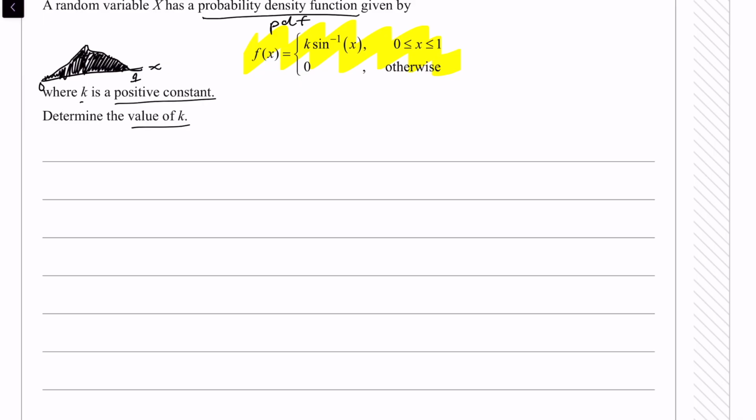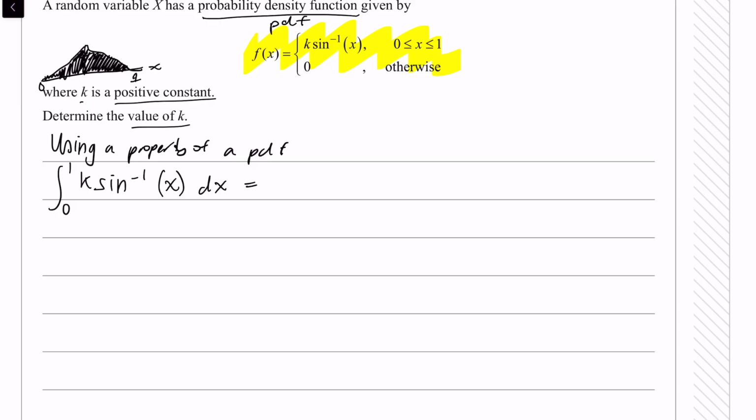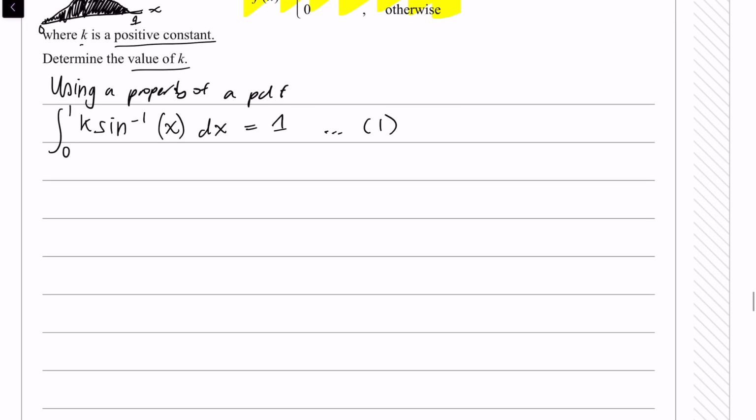So using a property of a PDF, we know that the integral, or area, from 0 to 1 for this PDF function in terms of x is equal to 1. And that's going to be my first equation.